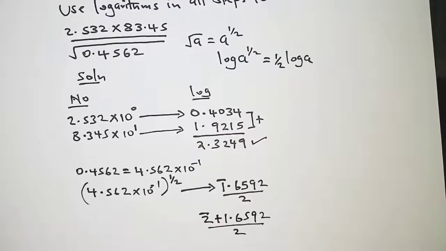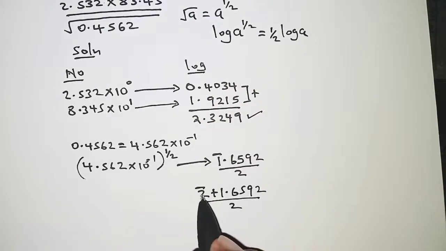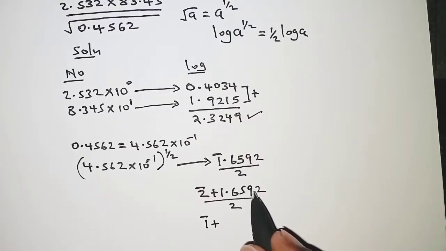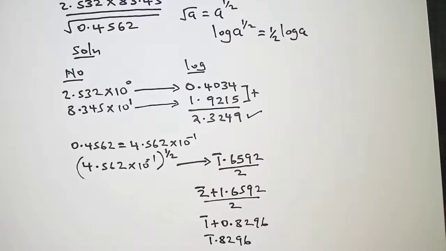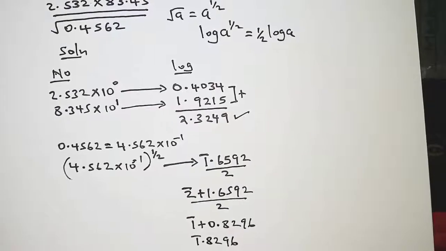So dividing this by 2, bar 2 divided by 2 gives us bar 1, plus 1.6592 divided by 2 should give us 0.8296, and combining that we have bar 1.8296. So that gives us the denominator.